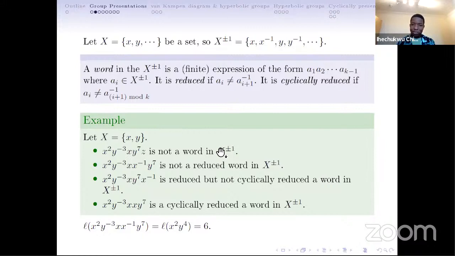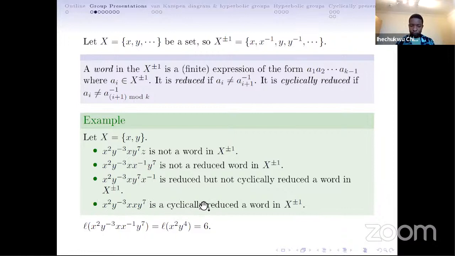If you go to the dictionary of words in this alphabet, you wouldn't find this because Z is not in this alphabet. Here is a word which is not reduced because it's got this x and x inverse. Here is a word which is reduced, but it's not cyclically reduced because it's got x inverse here and x here. So if you cyclically permute, these are going to cancel. And this is an example of a cyclically reduced word.